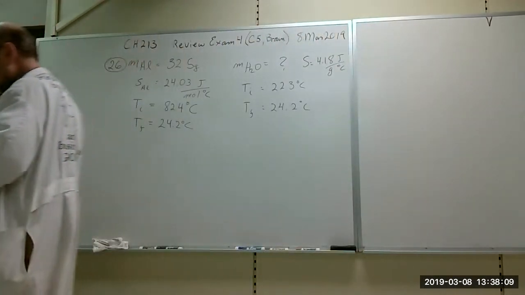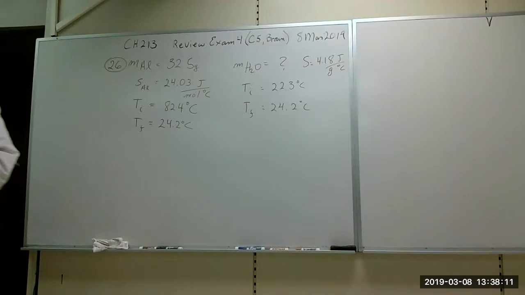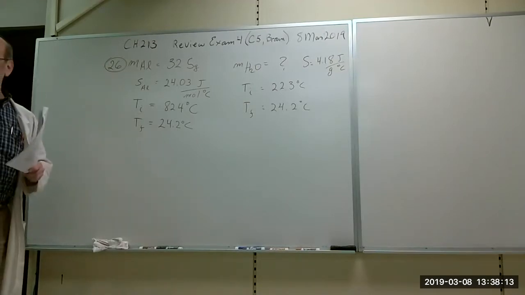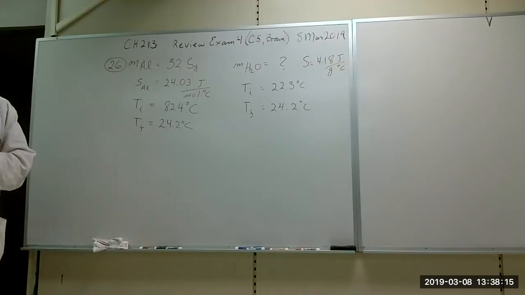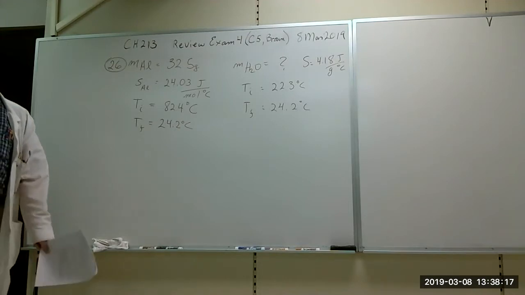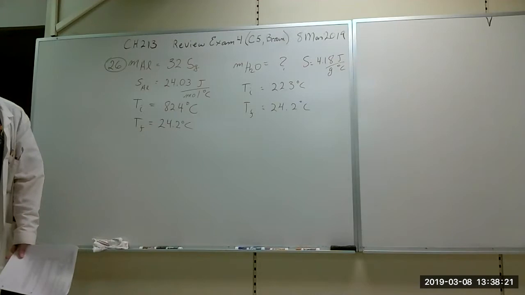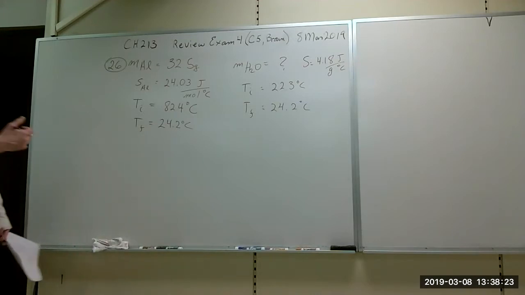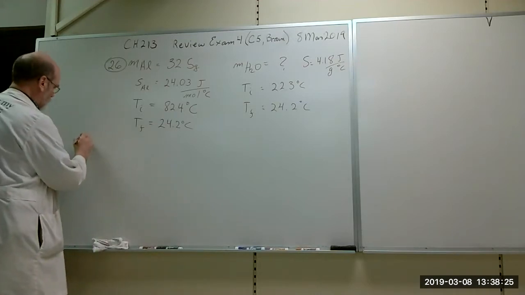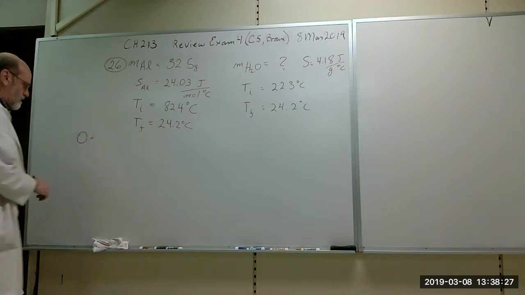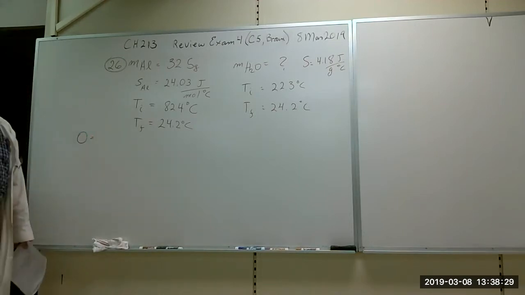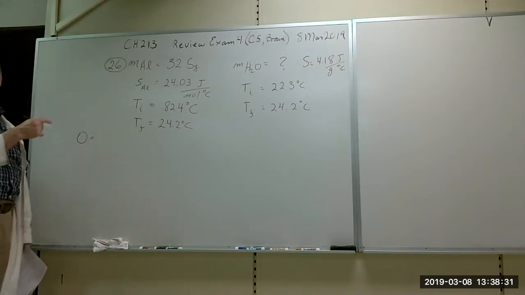So, the concept here is that the calorimeter is an isolated system. Everything that happens in there has to add up to zero in terms of heat. Okay? So that's your starting point. Everything has to add up to zero.